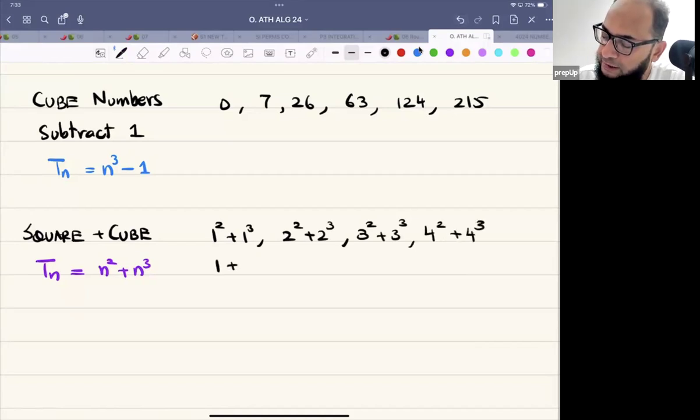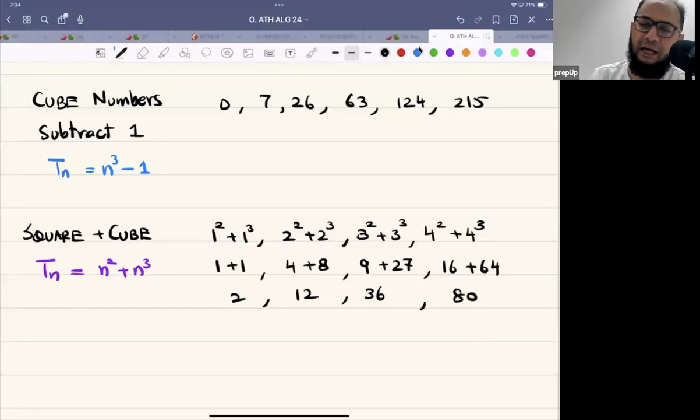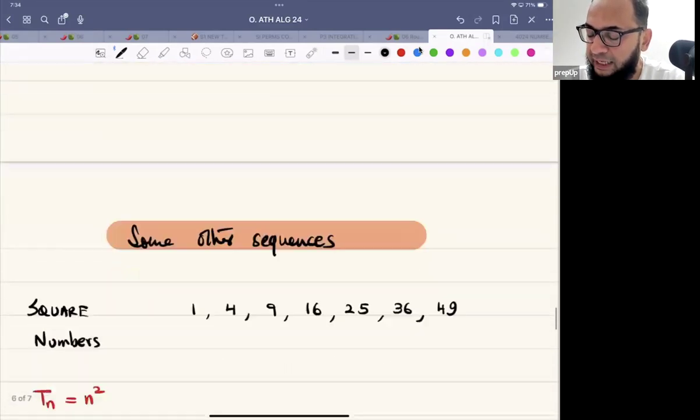So this is 1 plus 1, which is 2. This is 2 square is 4, and 2 cube is 8. 4 plus 8 is 12. 3 square is 9. 3 cube is 27. That comes out to be 36. 4 square is 16, 4 cube is 64, so 16 plus 64, that is 80. Of course they will give you some kind of hint so that you have an idea exactly what is happening, but these are just some examples.